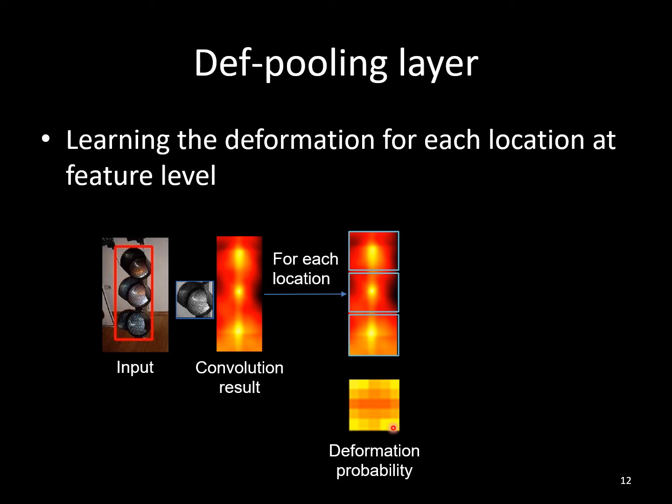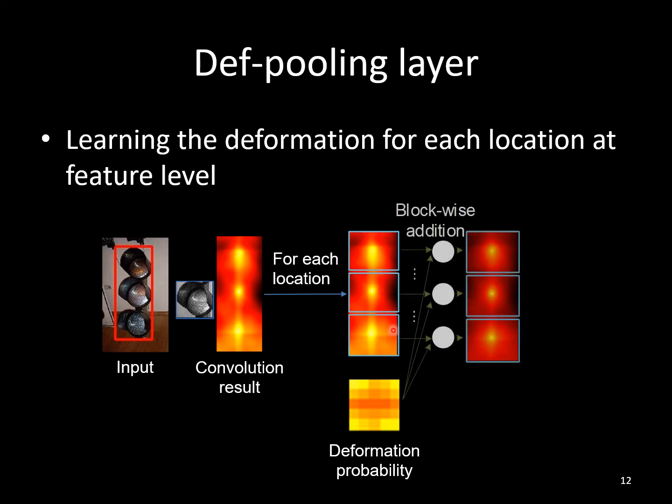After this deformation property is added to the visual responses, we have the added response maps. We can see that it is much clearer than before, with the high response areas corresponding to the light bulbs at their correct locations.